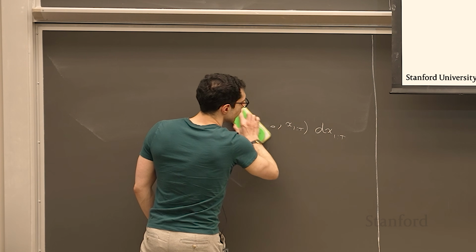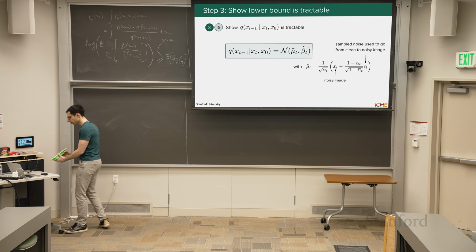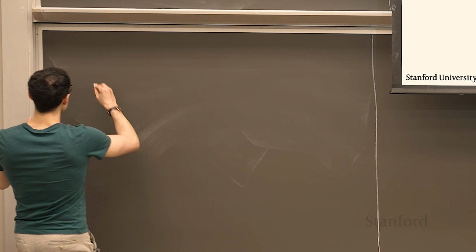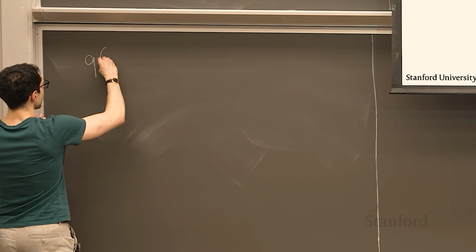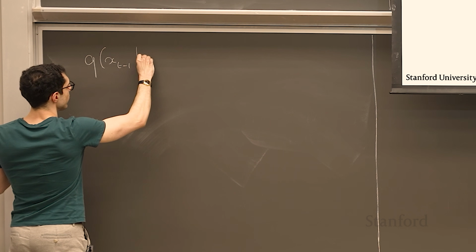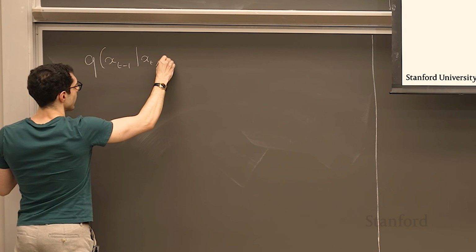So what we want is Q of xt minus 1 given xt and x0.